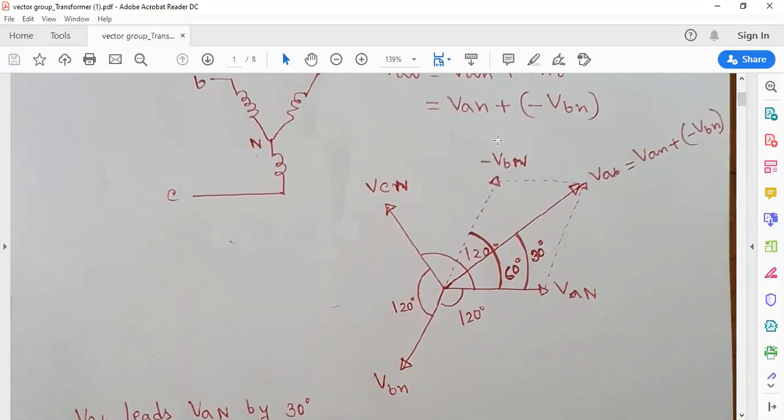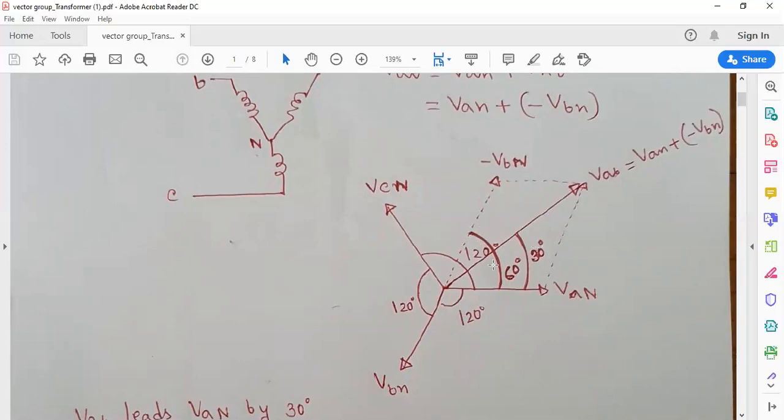If we add VAN and minus VBN, we get the resultant VAB. From this picture we can see that VAB, the line-to-line voltage, is 30 degrees leading VAN, the phase voltage. That means line-to-line voltage leads phase voltage by 30 degrees.